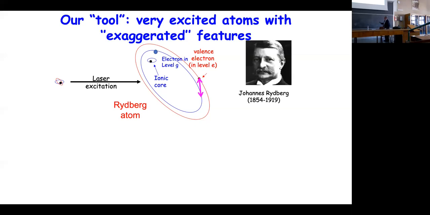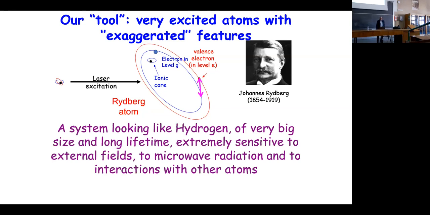And of course, to perform this excitation, you start from a ground state and you use lasers to promote the electron. So you get a system which looks like hydrogen, which has a very big size and long lifetime, because the electron going around at a large distance from the core has a rather small acceleration at the atomic scale, and it radiates much slower than atoms which are tightly bound to the nucleus.